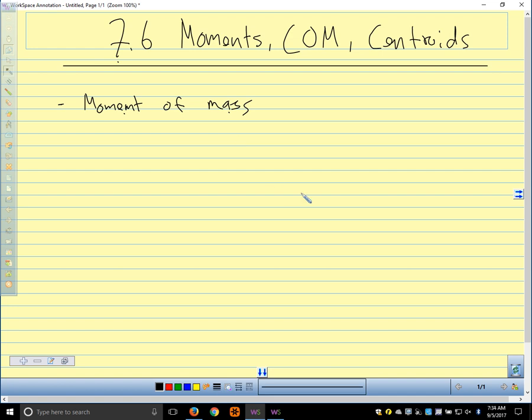And what we mean by a moment is that we are weighting something by its distance from an axis. That's what we mean by a moment.